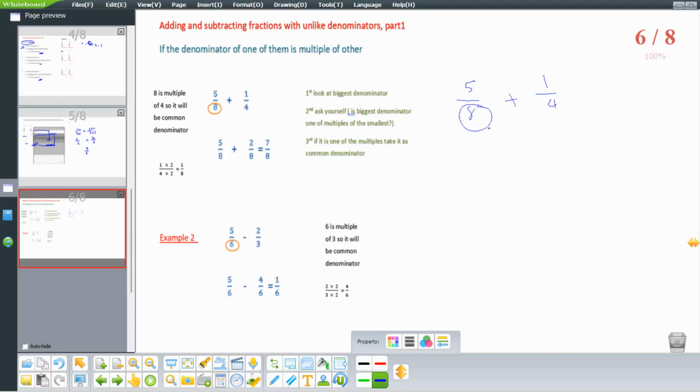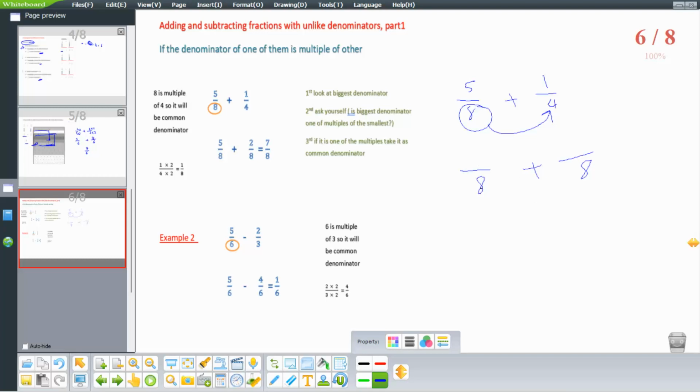Second step, ask yourself, is the biggest denominator a multiple of the smallest denominator? Is 8 a multiple of 4? Yes. If your answer is yes, the common denominator here will be 8.